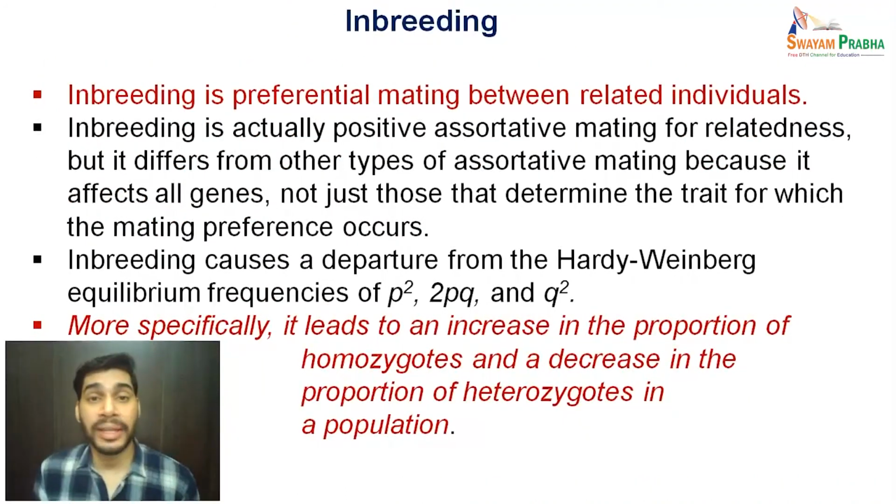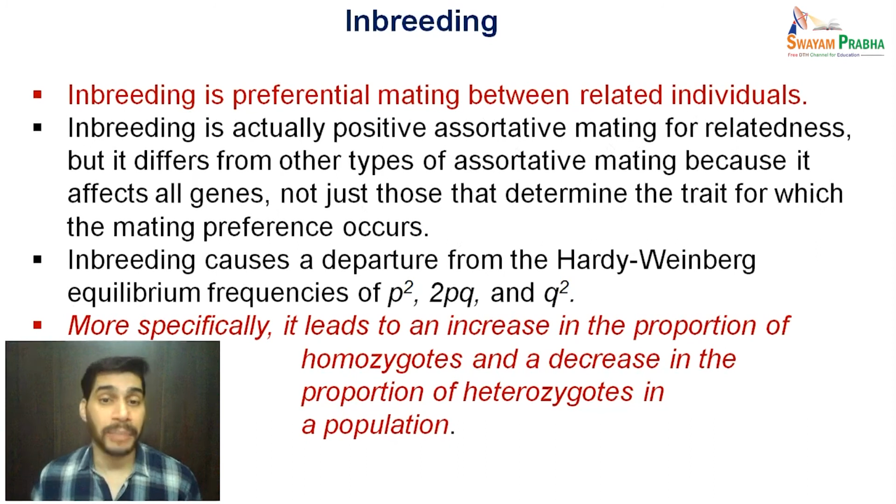There is something called inbreeding. Inbreeding is preferential mating between related individuals. It is actually positive assortative mating for relatedness, but it differs from other types of assortative mating because it affects all genes, not just the ones that determine the trait for which the mating preference occurs. So if two related individuals are mating, this is the phenomenon of inbreeding and it applies to all the genes.